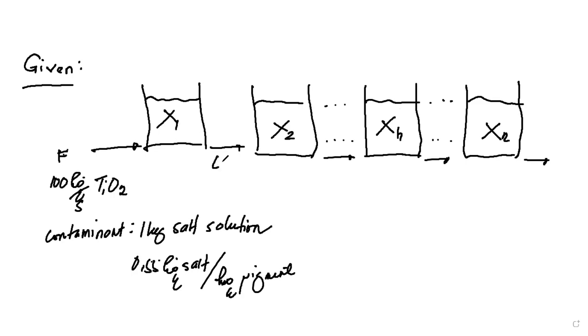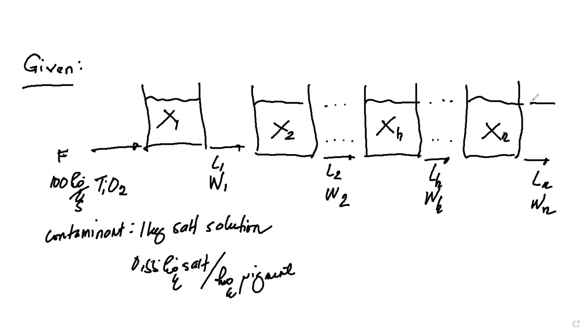So we have L1 capital W1, L2 capital W2, L sub H capital W sub H, and this is L sub N capital W sub N.